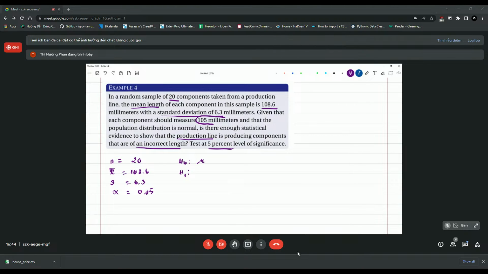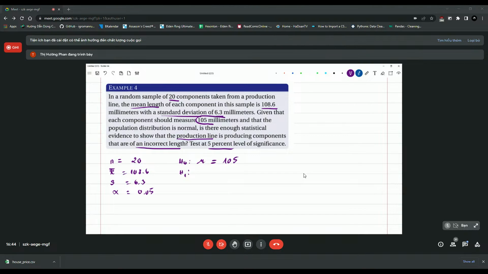And as I told you, to write the null hypothesis, you just need to take the parameter we want to use, and then put equality, and then the constant we want to compare. The constant here, 105. Okay, and then the alternative hypothesis. We need to know whether we should use two-sided or one-sided.